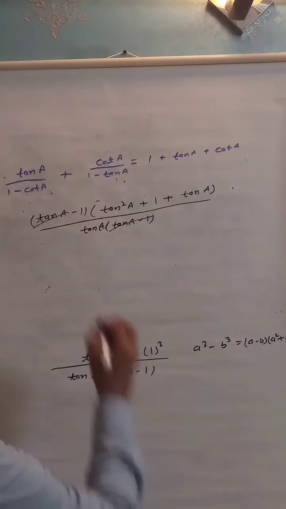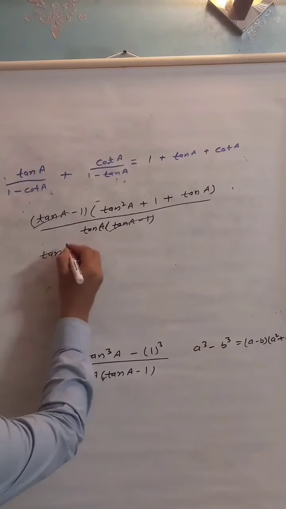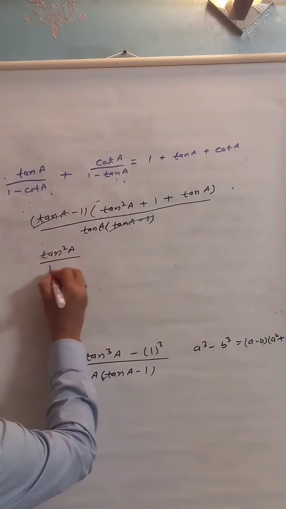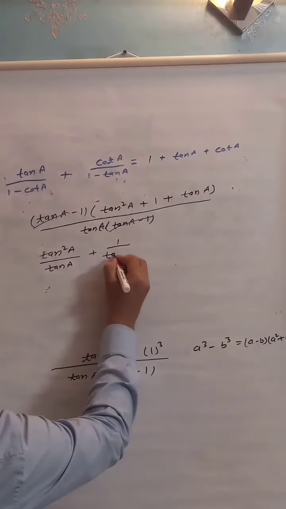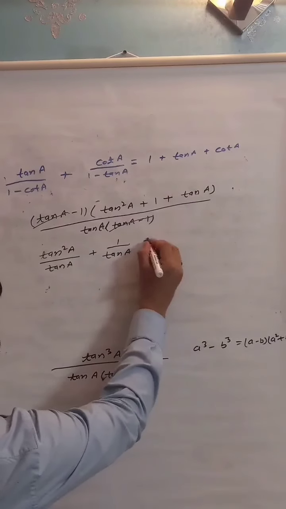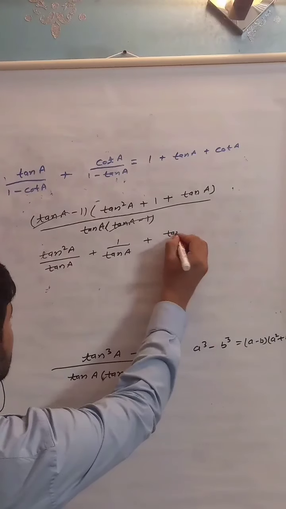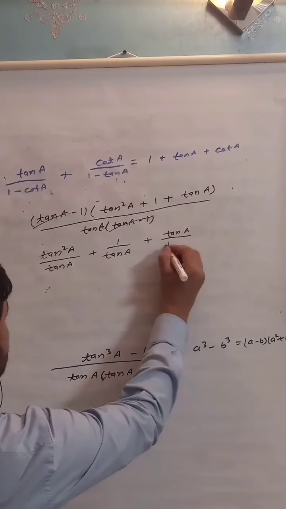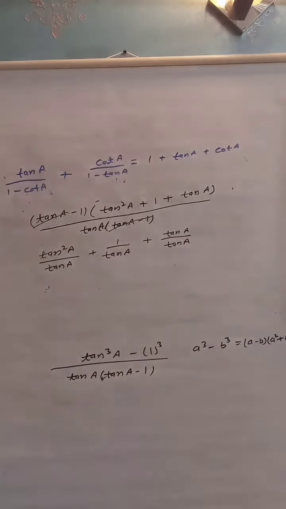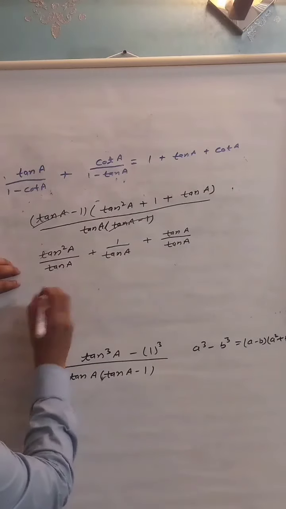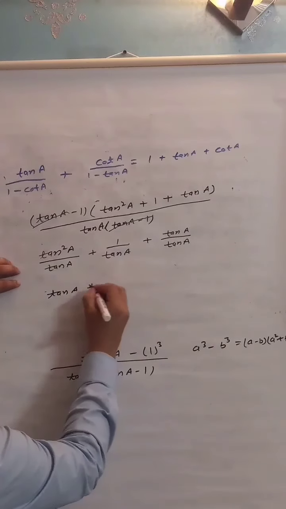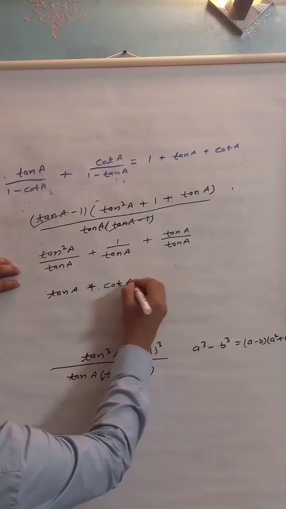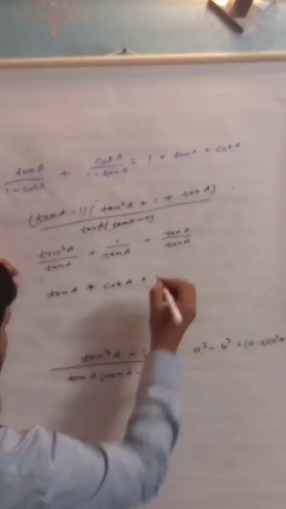We have only tan square A upon tan A plus 1 upon tan A plus tan A by tan A. This is equal to tan A plus 1 by tan A plus 1, equal to cot A plus tan A plus 1.